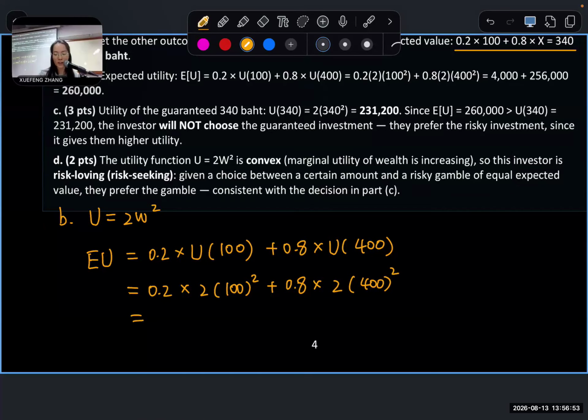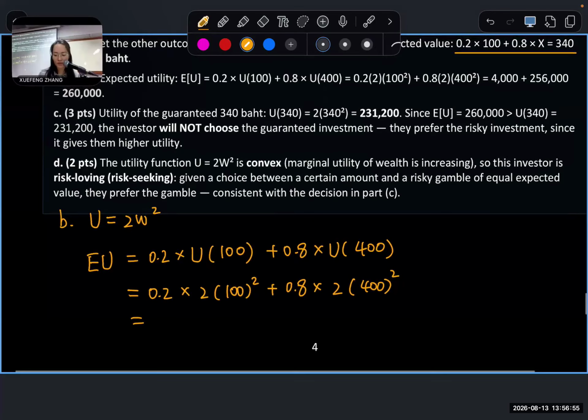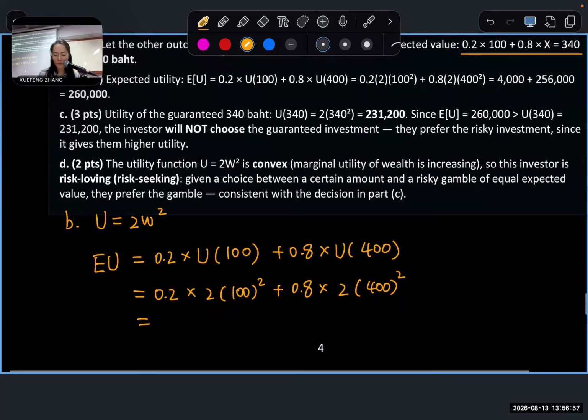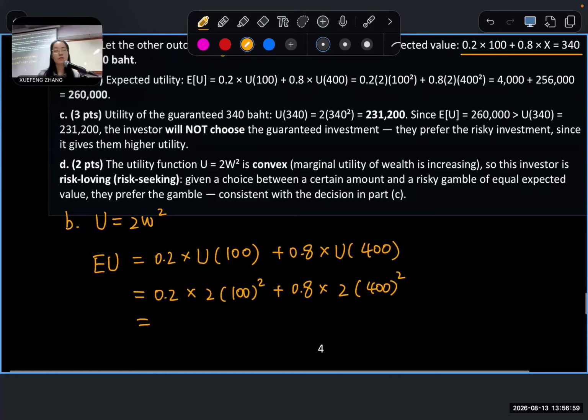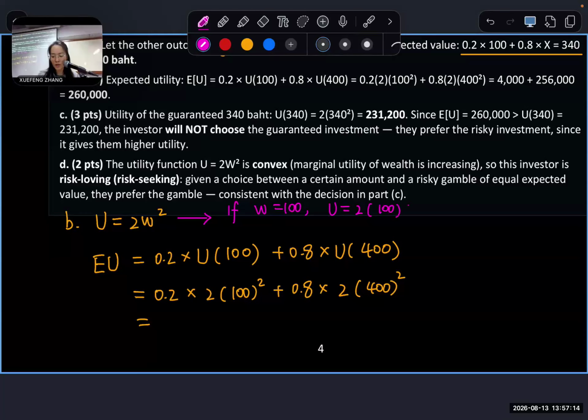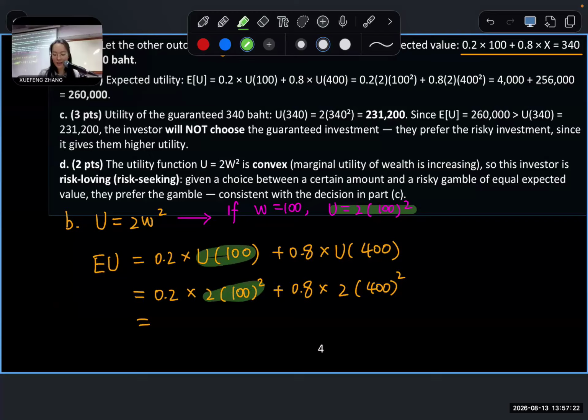So what is the first part? Okay, so here, this is the utility function, right? If W equal 100, U equal 2 times 100 squared. And right now, I just plug in this term here, right?